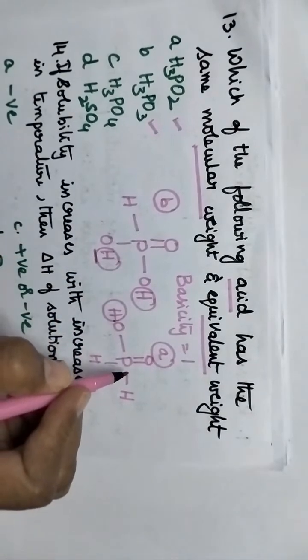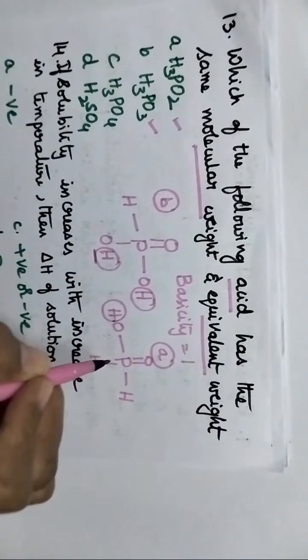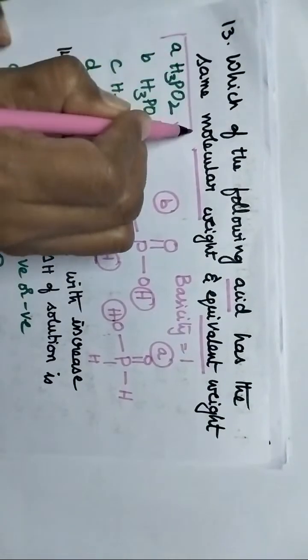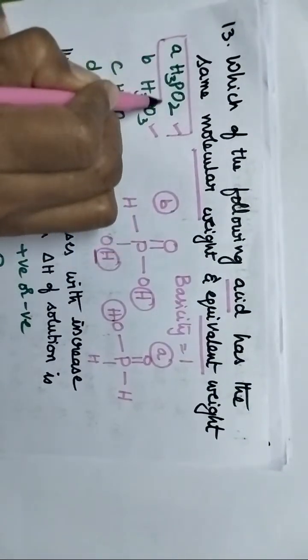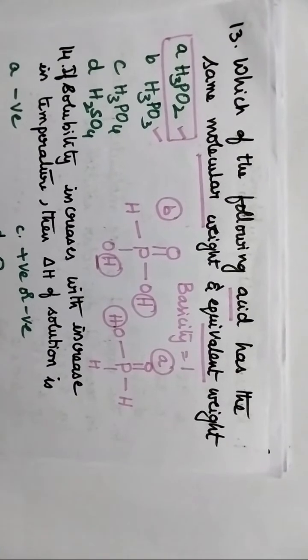So the basicity of hypophosphorus acid, that is A, is 1, and hence it will have the same molecular weight and equivalent weight. So option A is the right answer. Clear? Yes. Is it clear? Very good, Sai.